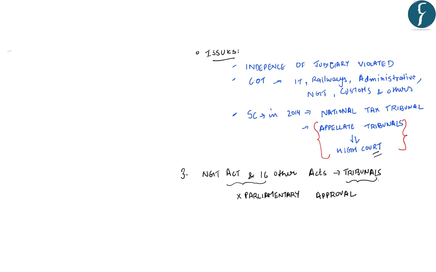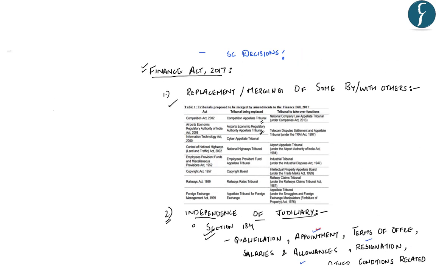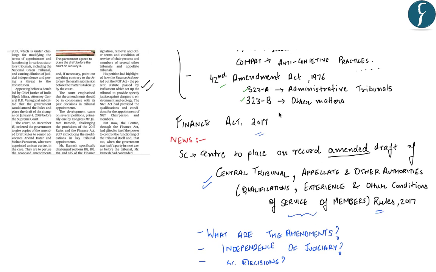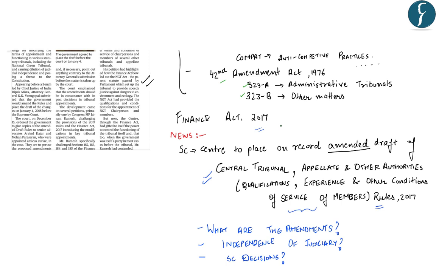Now let's look at this article from the exam point of view. From the exam point of view, this is important both with respect to prelims and mains. With respect to prelims, we need to know what are tribunals, what is the Constitutional Amendment Act which set up tribunals, what do Articles 323A and 323B deal with. With respect to mains, we need to know the provisions of Finance Act 2017 and how it violates the independence of judiciary.